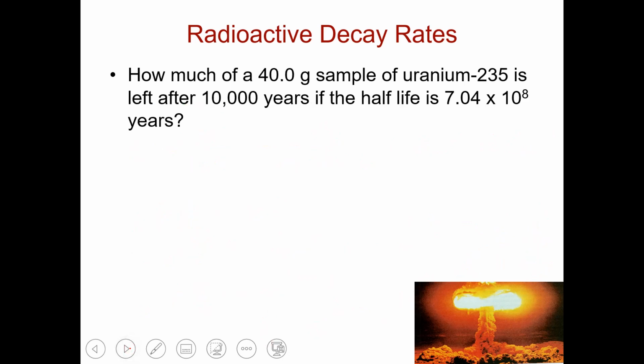Okay, let's take a look at one more example here. How much of a 40-gram sample of uranium-235 is left after 10,000 years if the half-life is 7.04 times 10 to the 8th? So again, I'm going to solve for K first before I try to plug into my other equation.